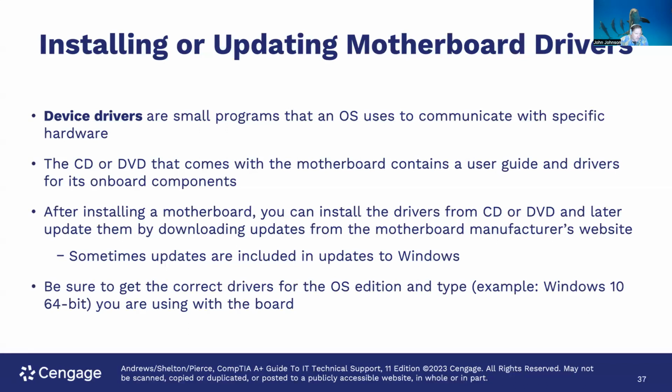So that's always helpful. You don't have to go seek out the manufacturer's website and download something very specific and then go through the process of updating in your device manager. So it also says be sure to get the correct drivers for the OS edition and type. For example, Windows 10 64-bit, because you don't want to confuse your 64 and your 32-bit drivers there.